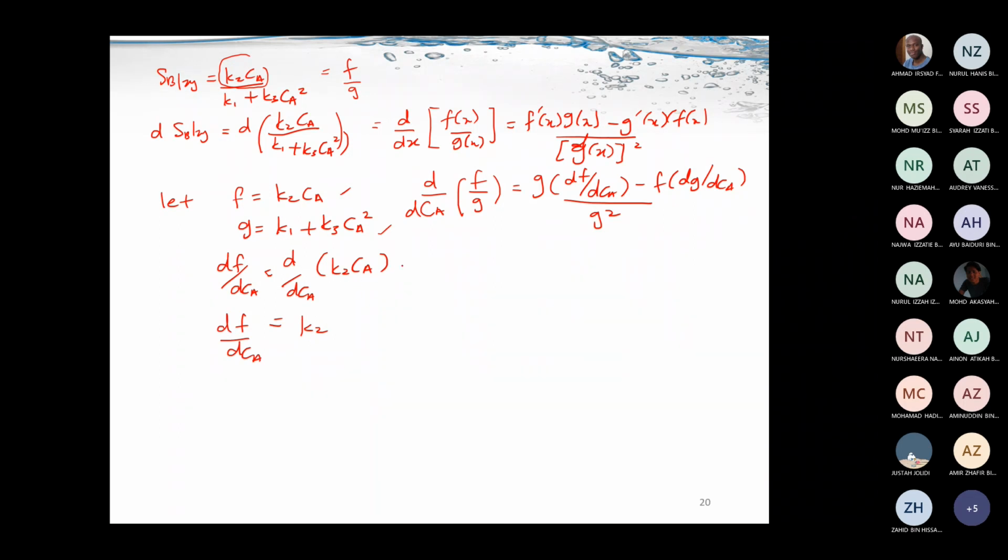And then we have another one, we have to differentiate DG over DCA, which is D over DCA. What is G? G is here, K1 plus K3CA squared. Differentiating K1 gives zero, because it has no CA, so what remains is this one. So dG over dCA is equal to 2 K3 CA.